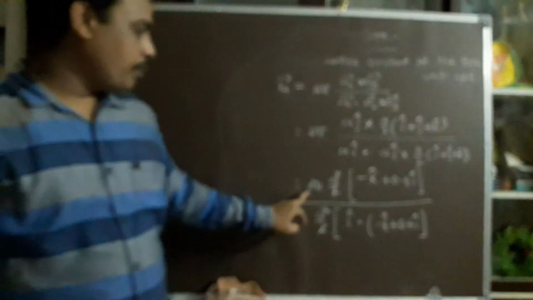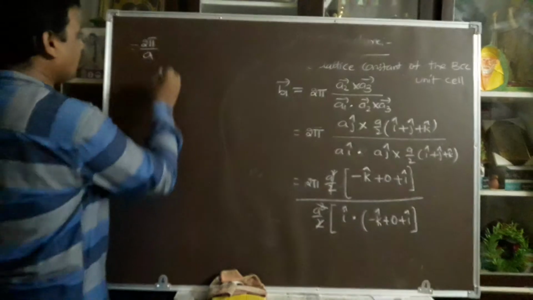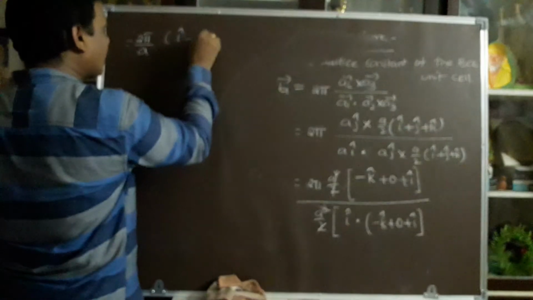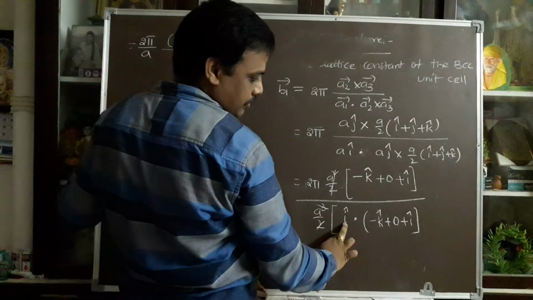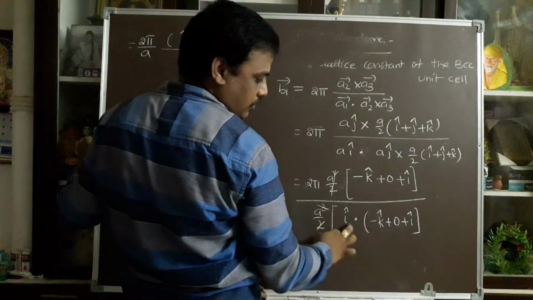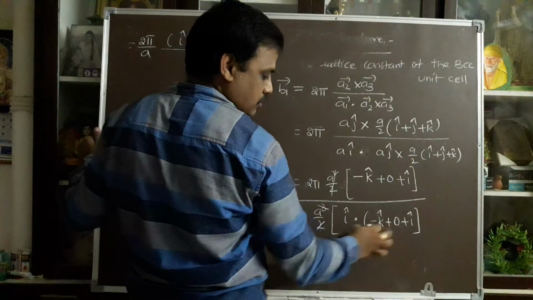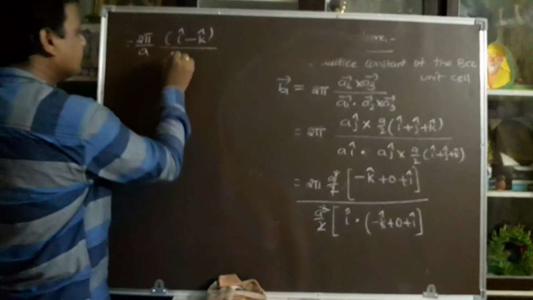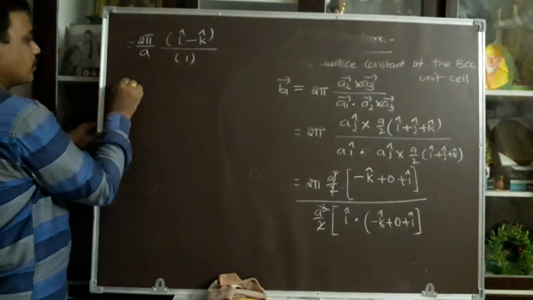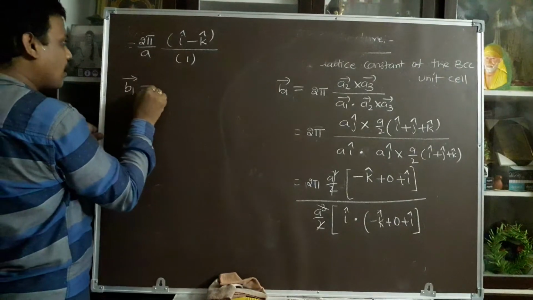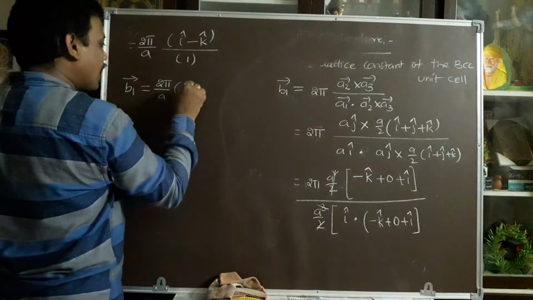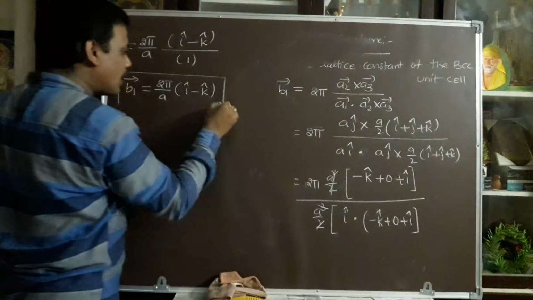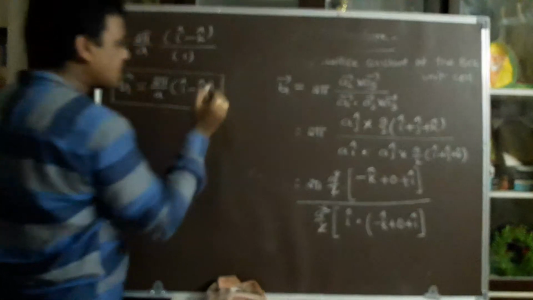In the numerator we have i cap minus k cap, divided by i bar dot k bar 0, i bar dot 0 is 0, i bar dot i bar is 1. So your primitive vector b1 bar along the x direction can be written as 2 pi by a into i cap minus k cap. This is the reciprocal lattice with respect to the x direction.